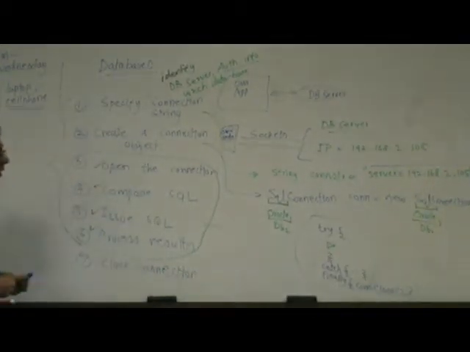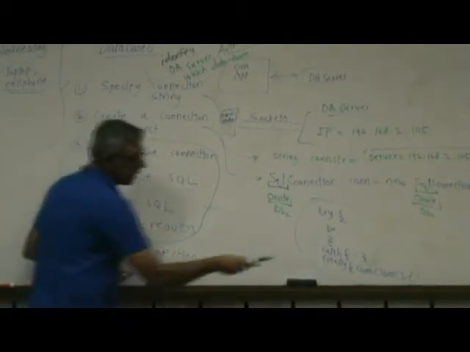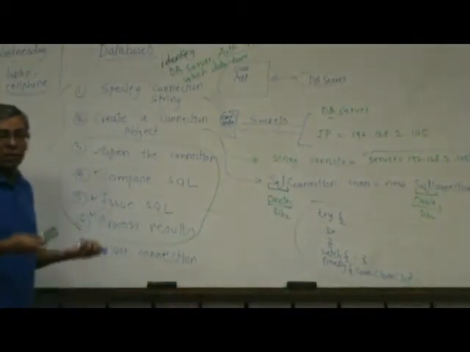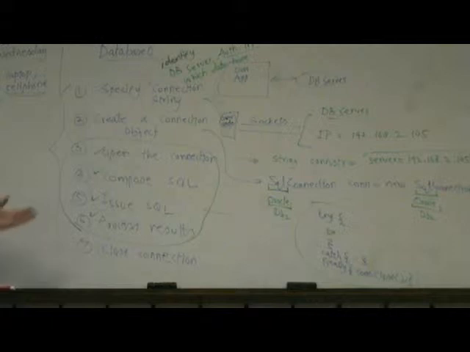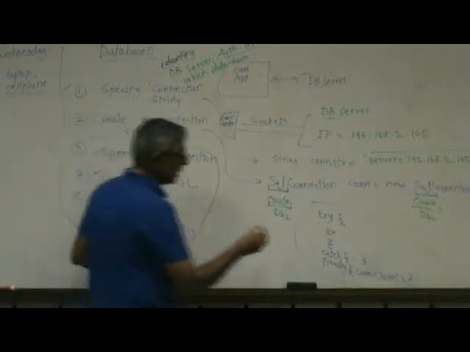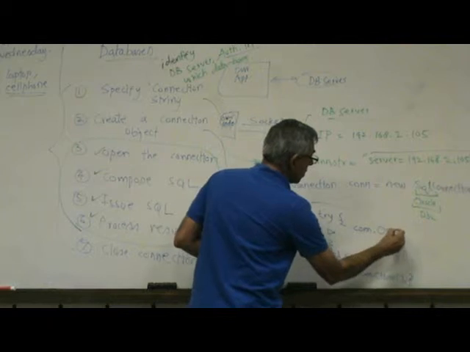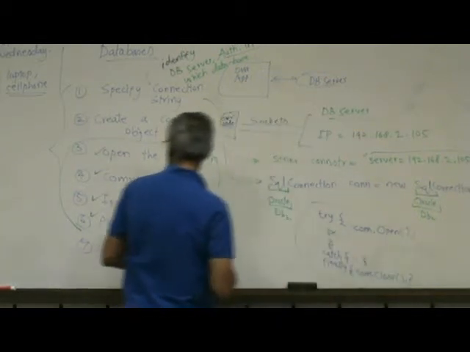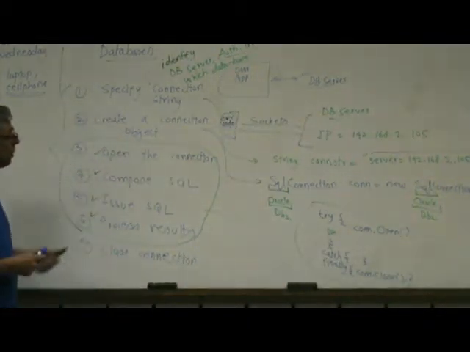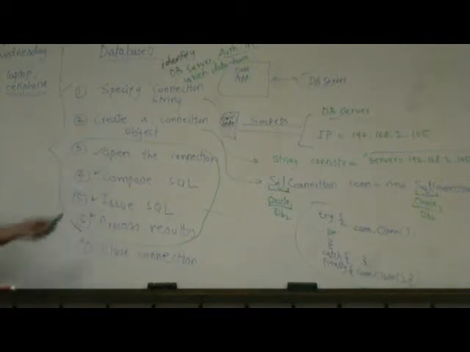Okay, the closing of the connection is done in the finally block. So that's the typical code. Okay, so now let's take a look at how do we open the connection. That's very, very easy. There's a simple one-line statement, con dot open. Compose SQL and issue SQL depends upon what are we trying to do.